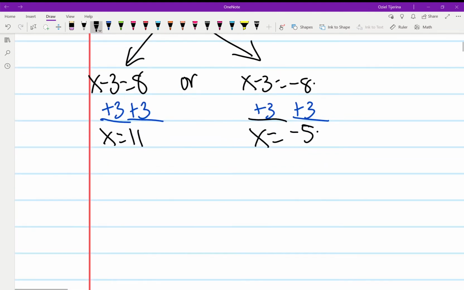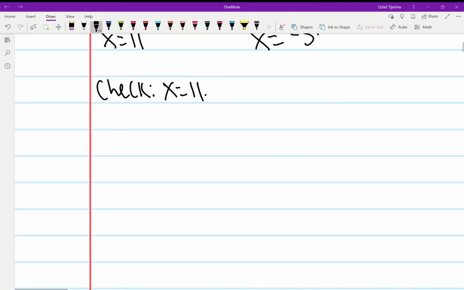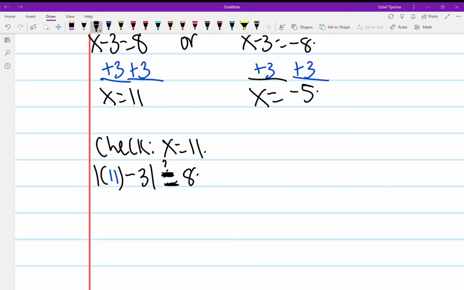What you want to do next is go ahead and check it. First, we're going to check x equals 11. So we have the absolute value of 11 minus 3, and we're going to put a question mark above the equal sign because we don't know if it's going to be equal to 8.